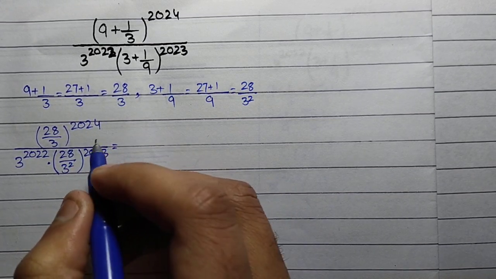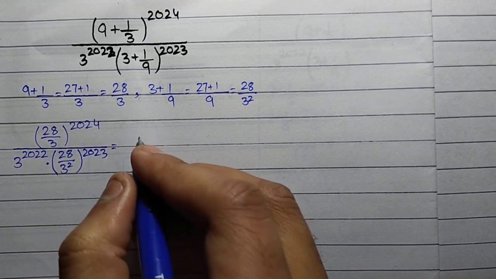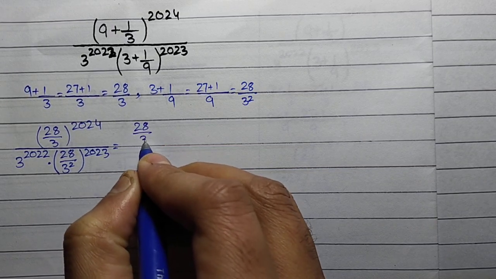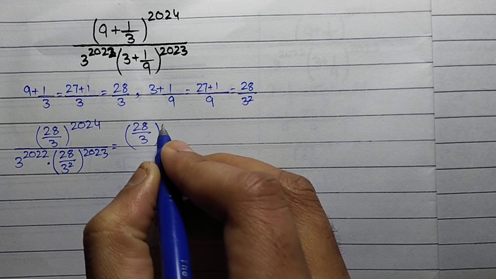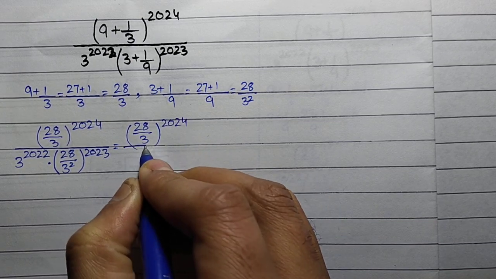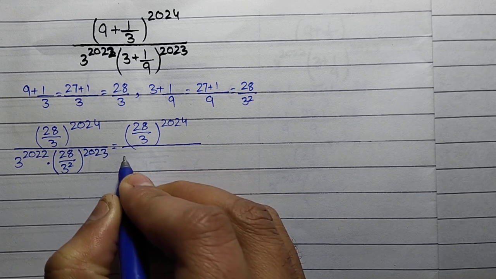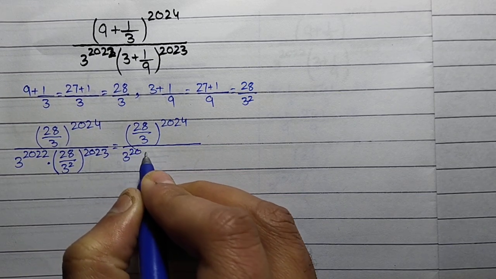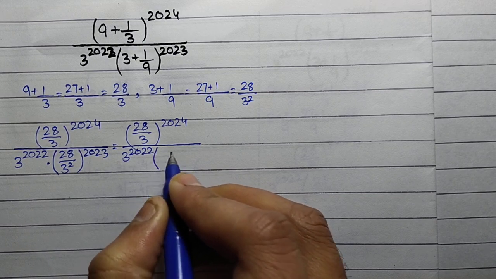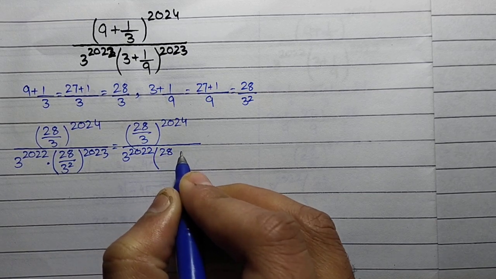Now we will solve this expression. 28 over 3 raised to power 2024 over 3 raised to power 2022 into 28 raised to power 2023.